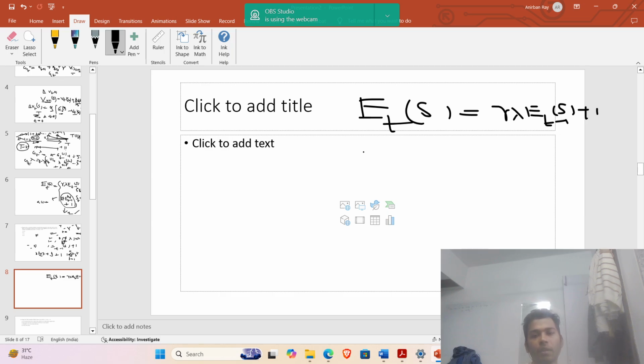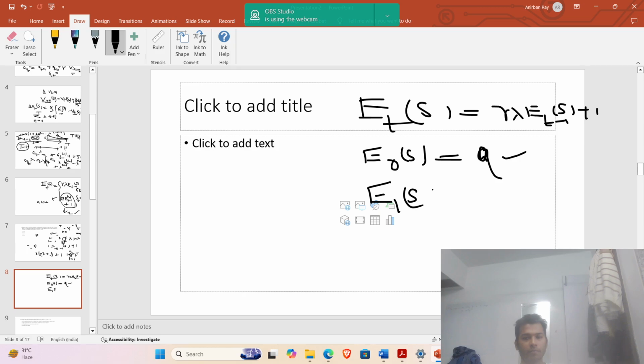We consider here that E0(s) is equal to a constant, say A. So E1(s) becomes gamma lambda A plus 1.